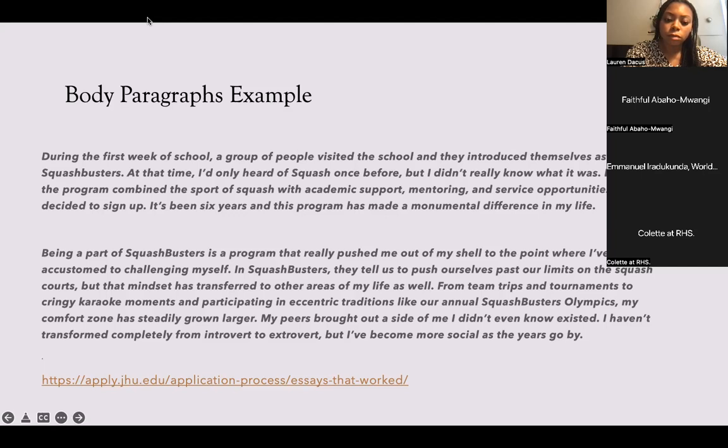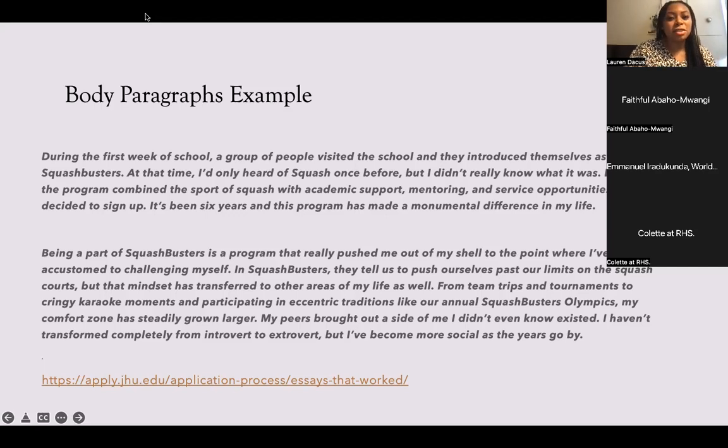My peers brought out a side of me I didn't even know existed. I haven't transformed completely from introvert to extrovert, but I've become more social as the years go by.